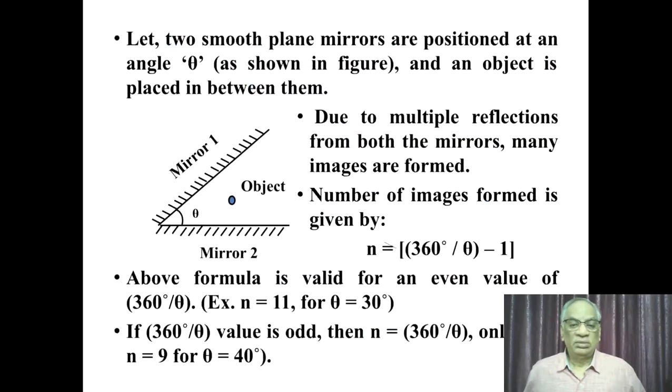Now we talked about the plane mirrors placed parallel to each other, that is 0 degrees angle between them. Then an infinite number of images are seen. Suppose the two mirrors are arranged at an angle theta, the angle of inclination is theta, and the object is placed in between them.